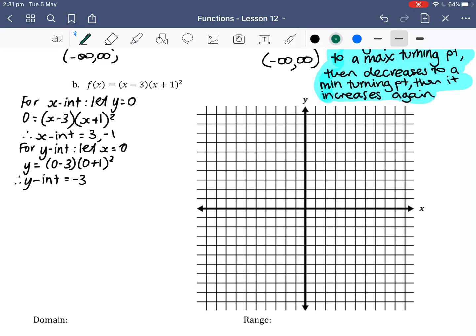So let's plot that on our graph. So we need our 1, 2, 3. We need 1, 2, 3. We'll just go across. So that's minus 1 there. And we need a y-intercept of minus 3.